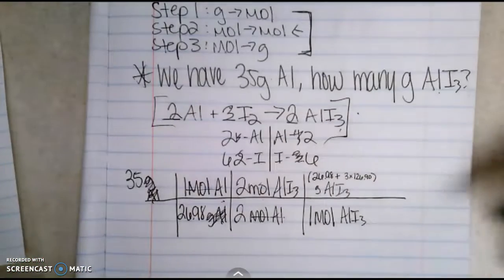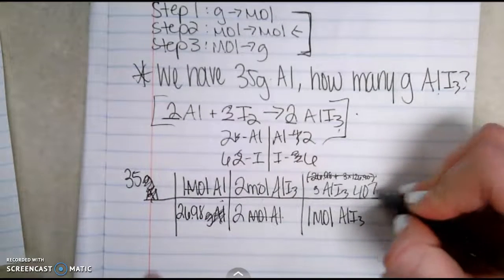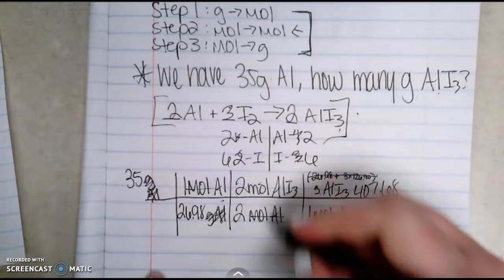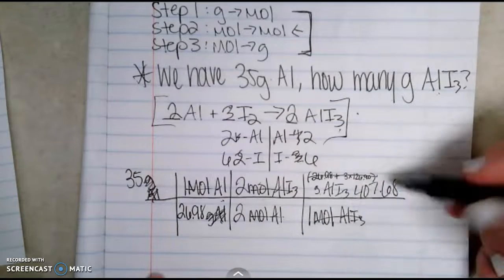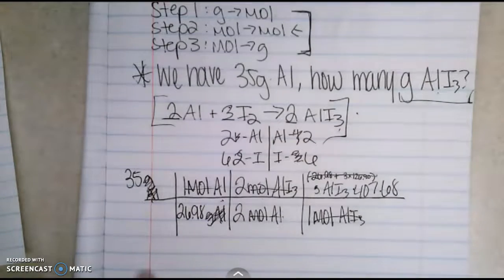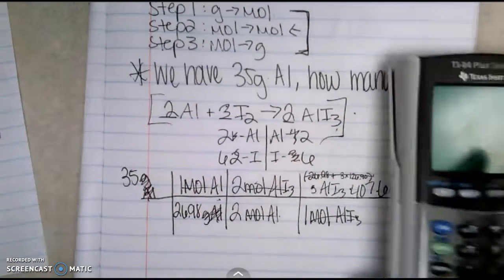Okay, which, if I do some math, that ends up being 407.68 grams. So that gets rid of moles of AlI3 and I'm left with grams of AlI3, which is what I was looking for. Okay, so then it is just simply plugging this all into the calculator.